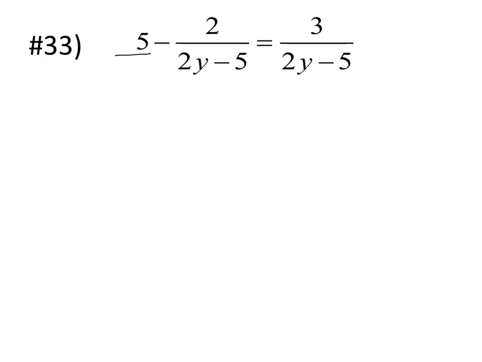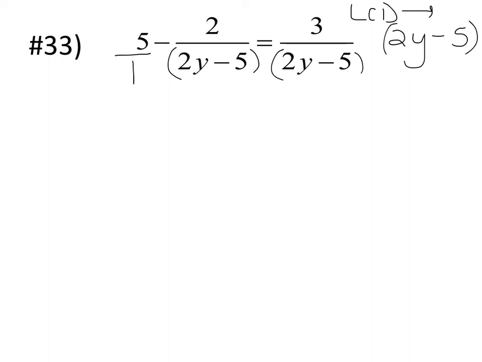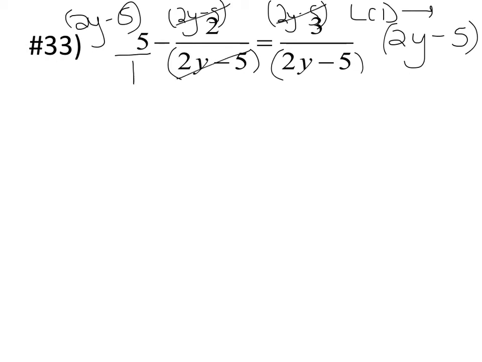Alright, put this over 1 and put parentheses around these. So my LCD is 2y minus 5. And that's what's getting multiplied times each piece. Okay, these cancel and these cancel.